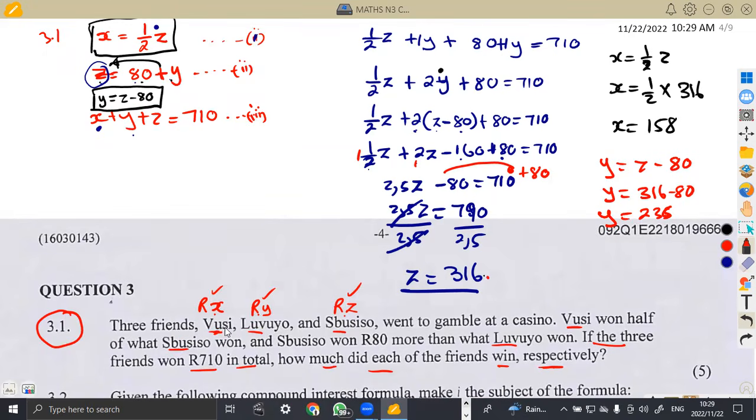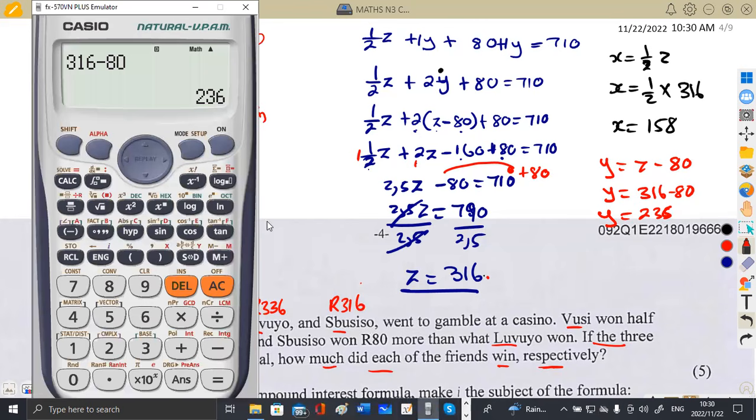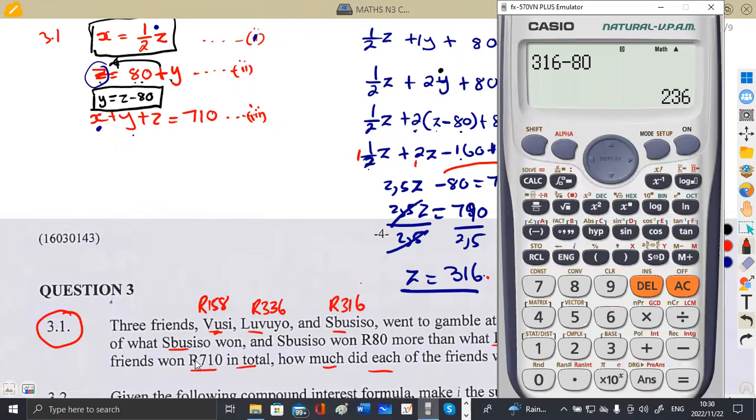So that means in this case, if we are to calculate these amounts, remember we said X, Y, Z in terms of that. So the one with X was going to be 158 Rand. Lovio, the one with Y was going to be 236 Rand. Then Sibusiso was going to be 316 Rand. So these are the amounts that they obtained. Even if we are to cross-check, if we are to add these, we must obtain 710.